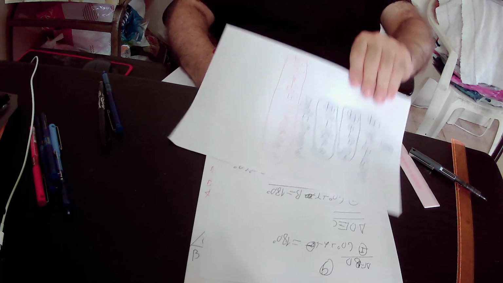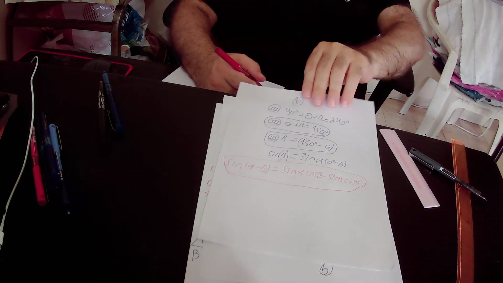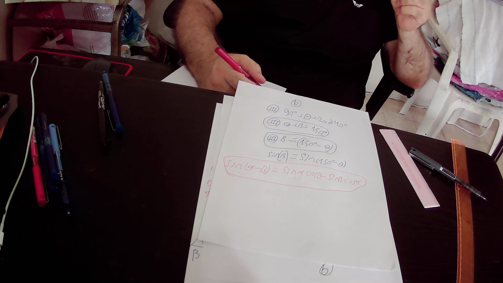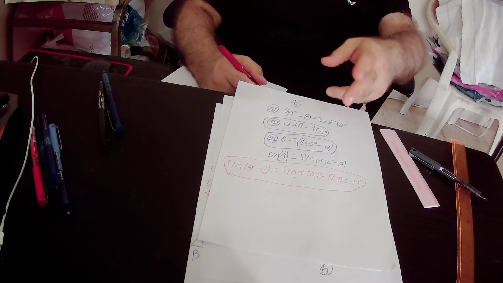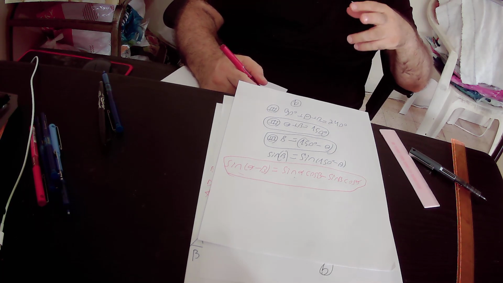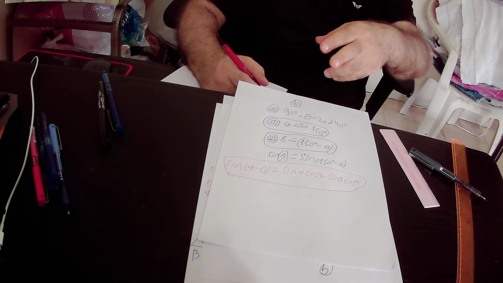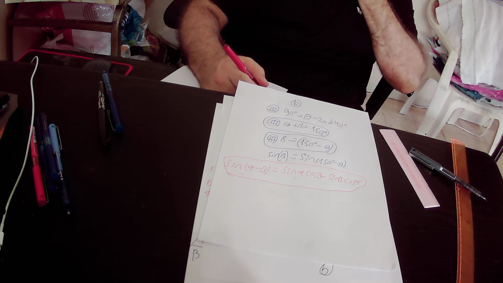We will use this trigonometric identity in order to find the value of sinus of 150 degrees minus theta, that actually equals sinus beta.